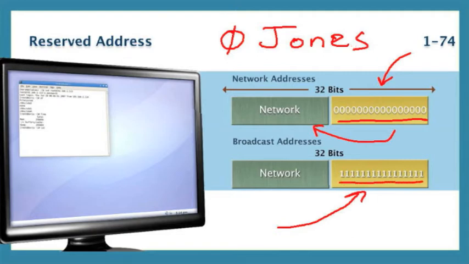And the all ones in the host bits represents the broadcast, when we want to communicate to every house on that street. So we subtract 2 because we cannot address all zeros in your hosts, and we cannot address it so that there's all ones in your host portion.